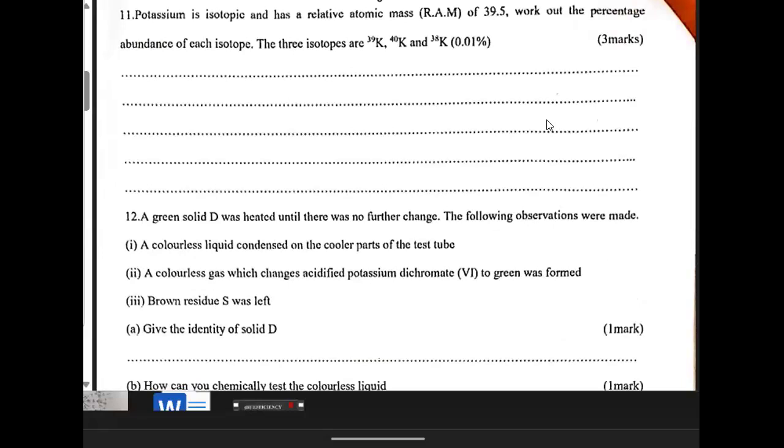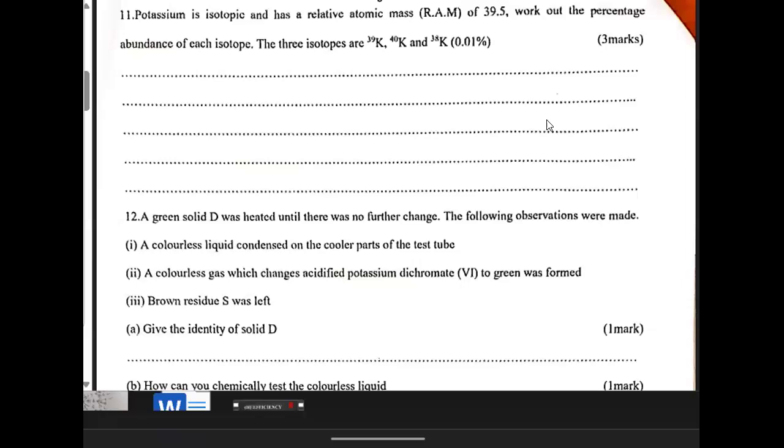Number 11 is a question on a calculation where we have 3 isotopes of potassium. Isotope 39, and we are given the RAM is 39.5. So how do we answer that question?